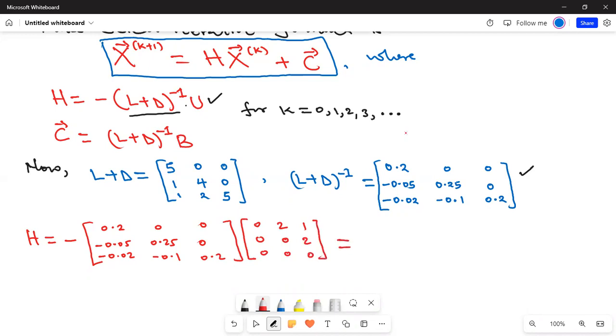When you work out row times columns, you need to get 0, negative 0.4, negative 0.2, 0, 0.1, negative 0.45, 0, 0.04, 0.22. That's our H.